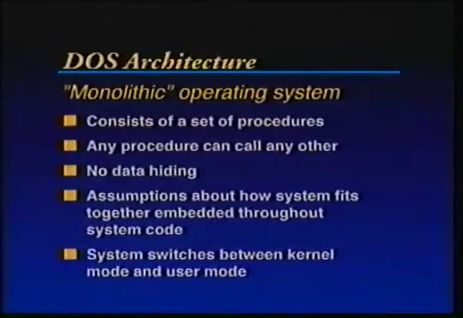So if you have a particular application which does something which isn't correct or isn't suited for that particular system, there's a good likelihood that that whole application, and therefore the whole operating system, may actually crash. So if we just review for a second some of the characteristics of DOS, it consists of a set of procedures. Any procedure can call any other procedure, and there's no data hiding.